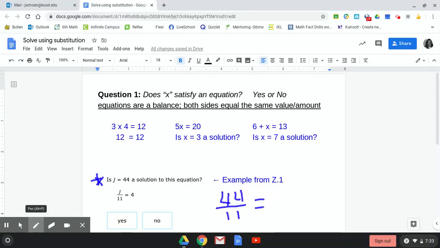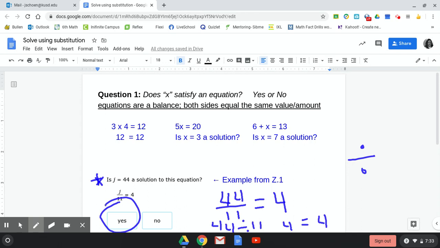I chose the kind that I thought you'd get stuck on, and that is the one that looks like a fraction. And remember, fractions mean division, right? Fractions almost look like division, something on the top and then a bar and something on the bottom. So 44 over 11 means 44 divided by 11, and that is 4. So 4 does equal 4. So we would choose the yes button for IXL.